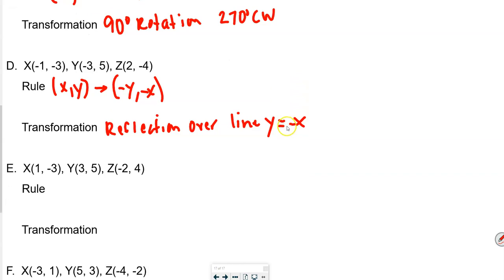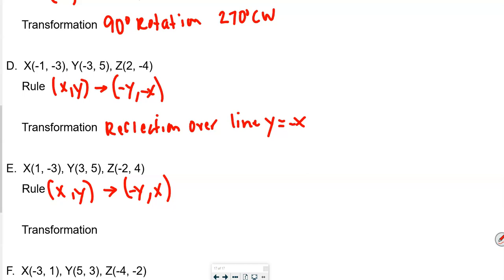All right, the next one is 1, negative 3. So once again, they flipped, right? So we're going to do that first. I'm going to say y comma x. Now, did the signs change? Which sign changed? So it was 3, 1. Okay, so it became what? That changed, right? So the y value became negative.